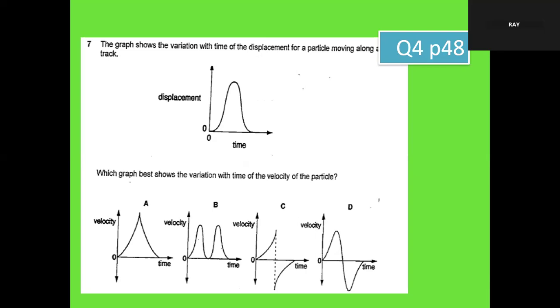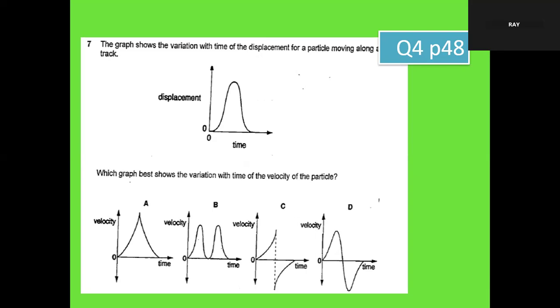Look at the gradient. Gradient is velocity. Where's the gradient 0? Where's the gradient maximum? Where's the gradient negative? So what's the answer? A.